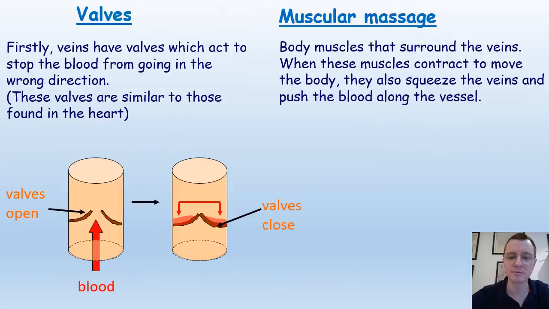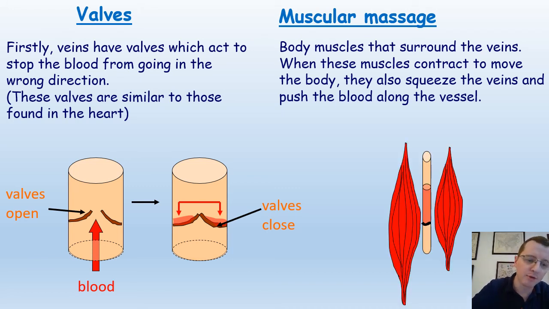So the solution is this. Firstly, your veins have valves, so that when the blood moves up through the valves, like this, the valves will open and allow that blood to flow through them. But when the blood begins to turn around and move backwards, those valves will close and prevent the backflow of blood.